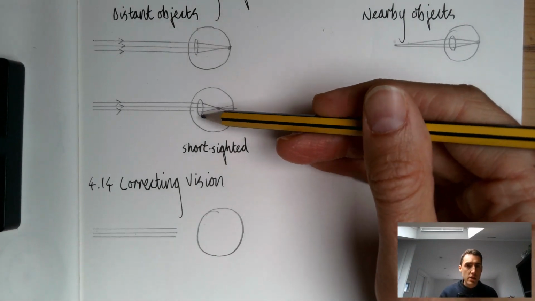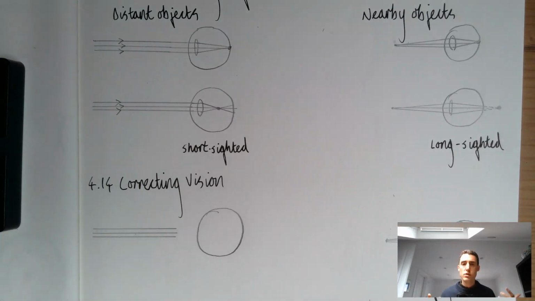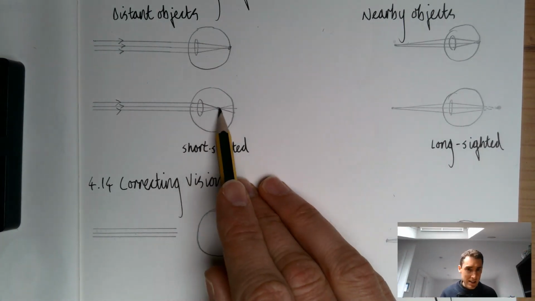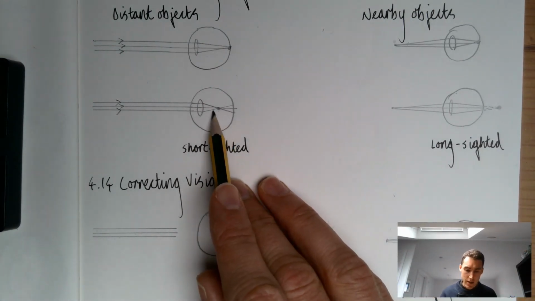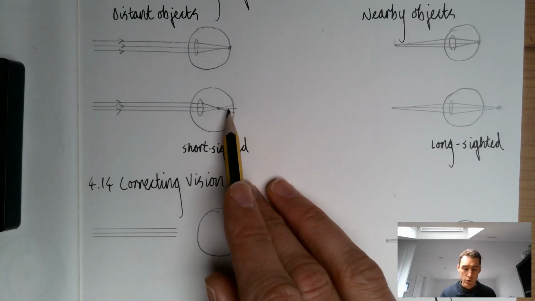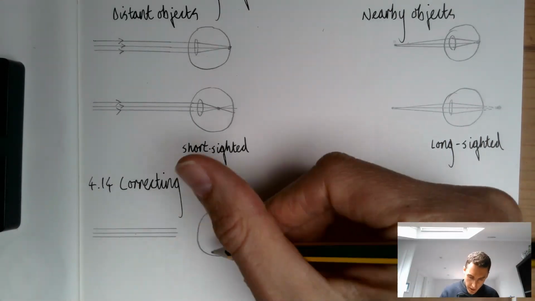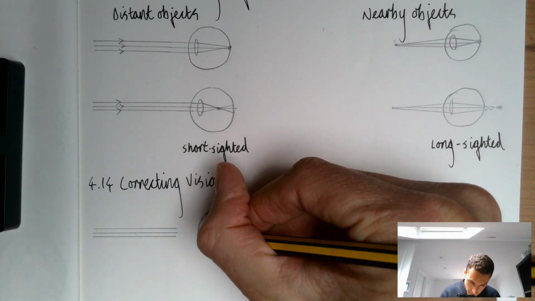So the reason a person is short-sighted is because their lens cannot get thin enough. It's always a bit too powerful. It refracts light too much, so the focal point can never get all the way back to the retina. The focal length is always just a bit too short, hence you get the blurry image.